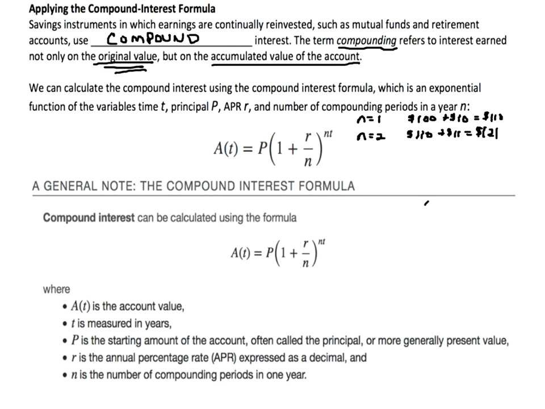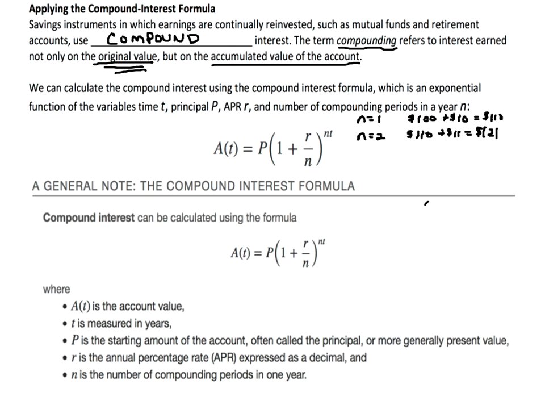So you're not only gaining interest on the original amount or principal that you deposited into the account or took out as a loan, but you're gaining interest on the ending balance for each compounding period. We have different compounding periods. You can have things that are compounded monthly, daily, annually, biannually. So these are all different compounding periods.